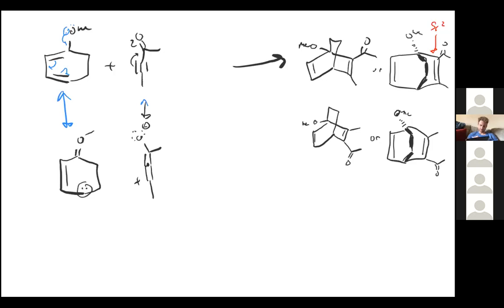These are currently charge aligned, which means that this first product should be our major. All right, any questions about these?